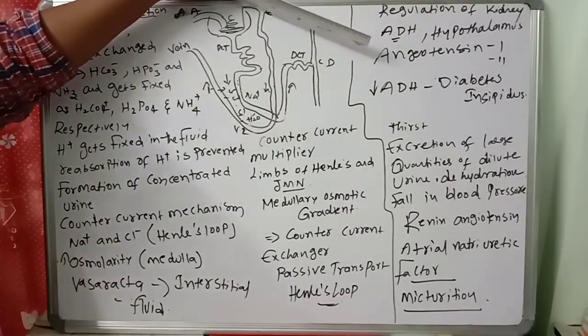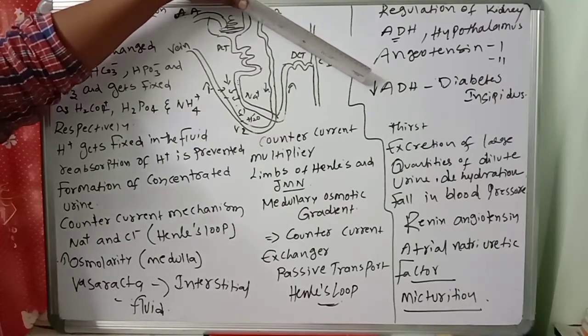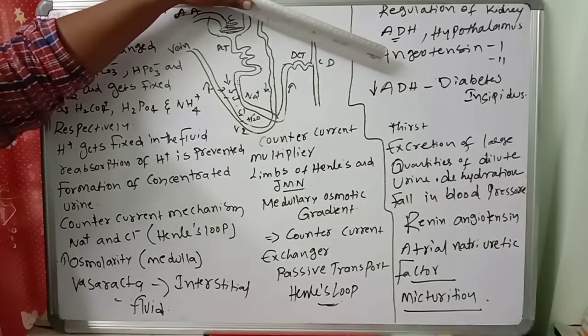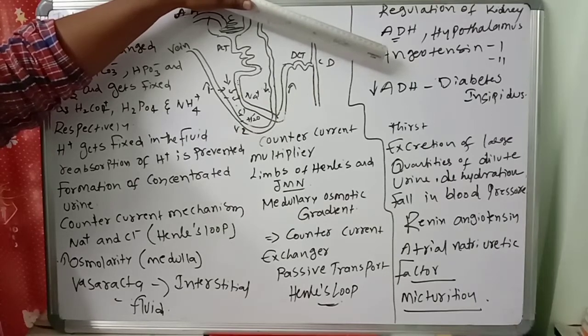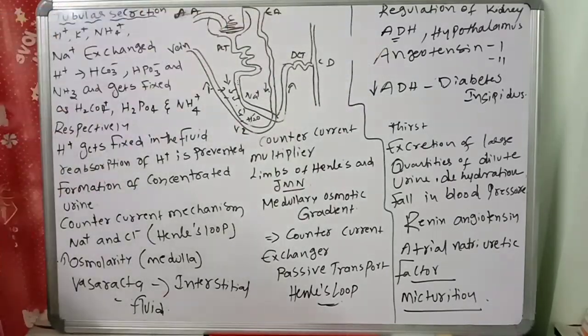Whenever the blood pressure is more, then atrial natriuretic factor dilates the blood vessels and reduces the blood pressure, the flow of urine and glomerular filtration. So what will happen? Atrial natriuretic factor dilates, and decreases angiotensin 2 antagonistically.